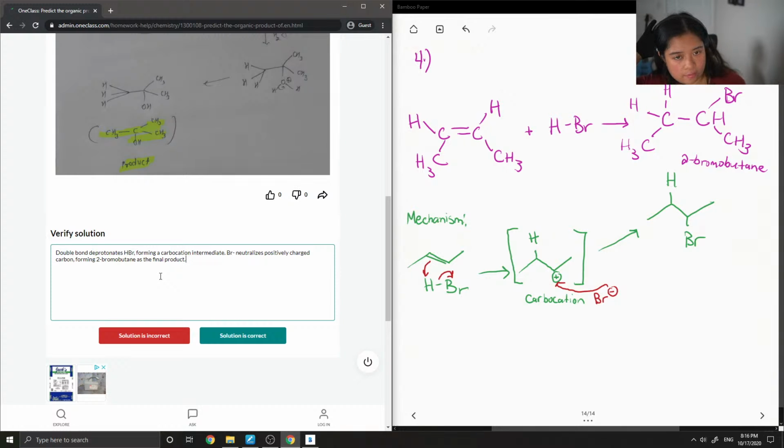Okay, so I have that the double bond deprotonates HBr, forming a carbocation intermediate. The Br- neutralizes the positively charged carbon, forming 2-bromobutane as the final product.